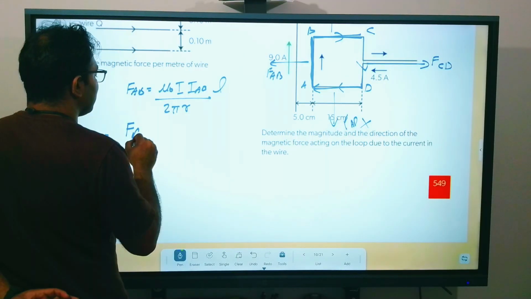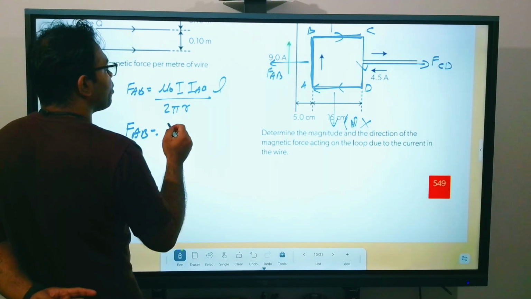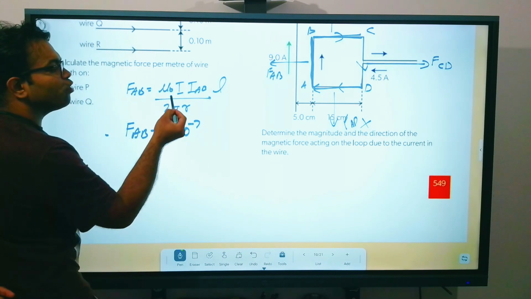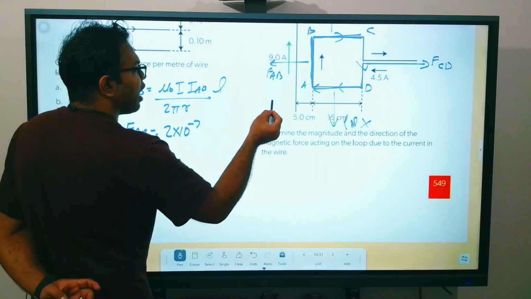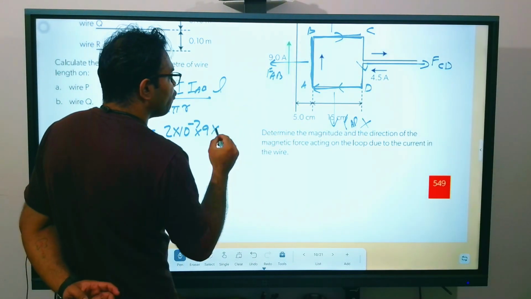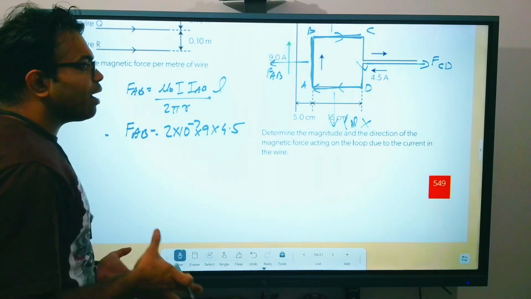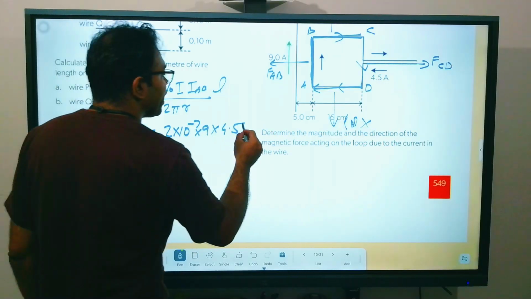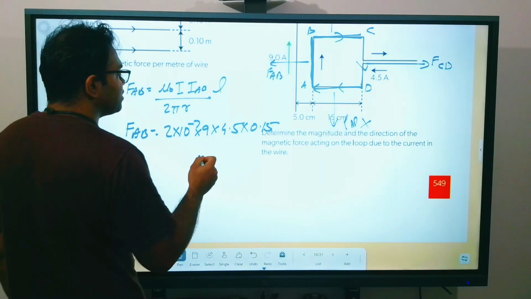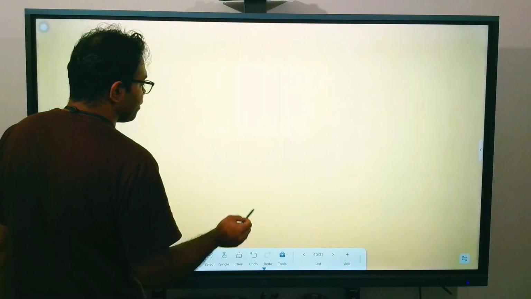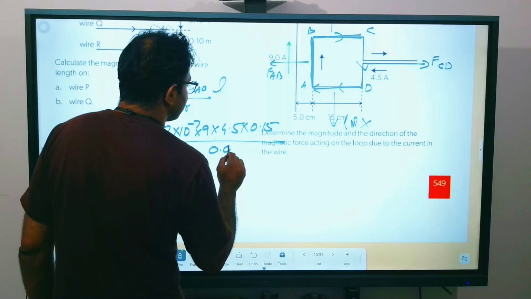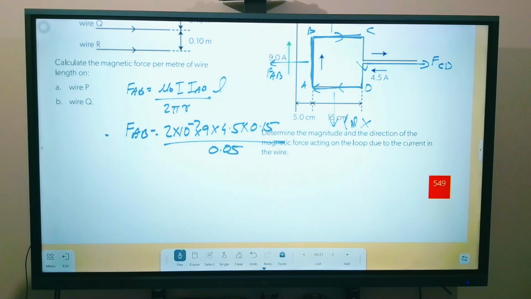So FAB is equal to mu naught upon 2 pi, which is 2 into 10 to the power of minus 7, multiplied by I1, which is 9 into IAB, which is 4.5, because the 4.5 amps is the one flowing through the loop, right? Multiplied by the length of the conductor, 0.15, that is 15 centimeters, upon r, which is 5 centimeters, that is 0.05. This will be the answer for FAB.